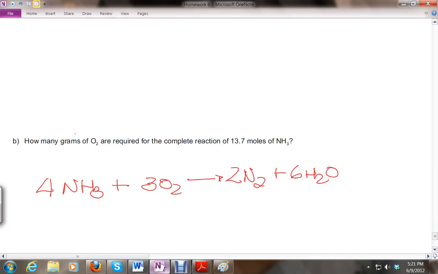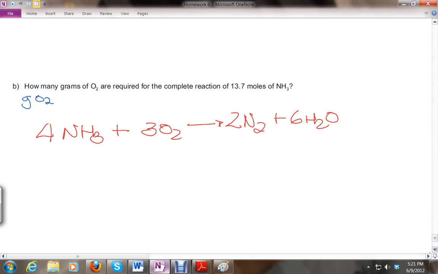Okay, so they're asking for the grams of O2 required for the complete reaction of 13.7 moles of ammonia. So they're giving you the ammonia, right? As you cannot get the grams directly, the first thing you're going to do, like I said, work it in moles.